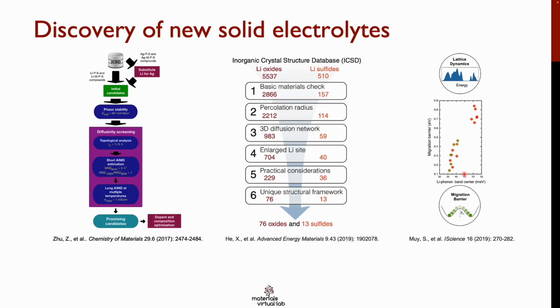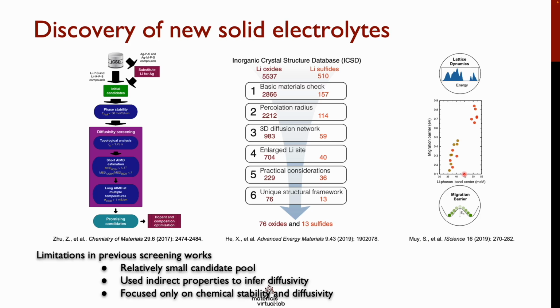And lastly, I will touch the topic of discovery of solid-state electrolytes. Here I want to show you a few studies before 2020. Those workflows that are high throughput to discover solid electrolyte materials from, say, SSB database or Materials Project. And I see there are some general limitations in those workflows.